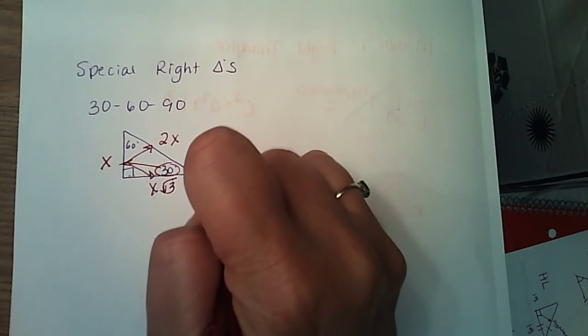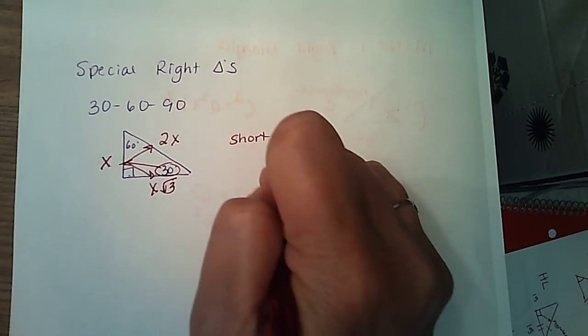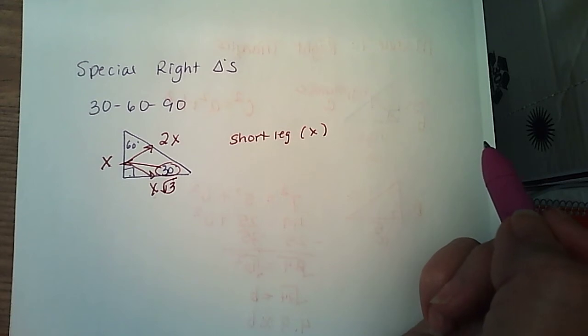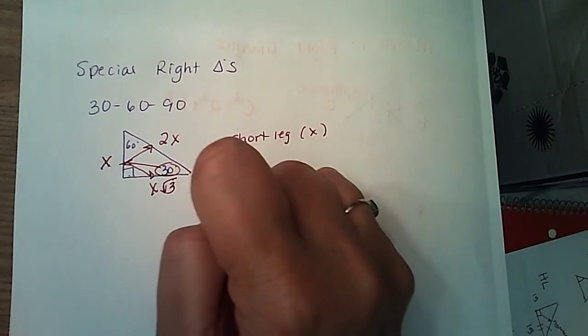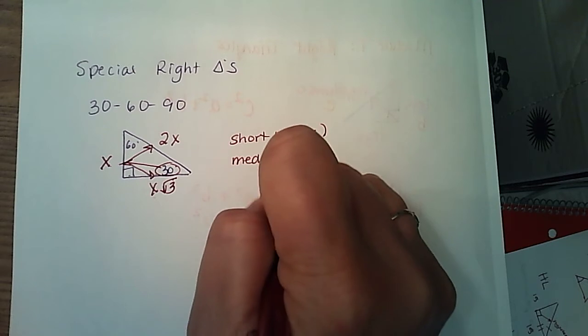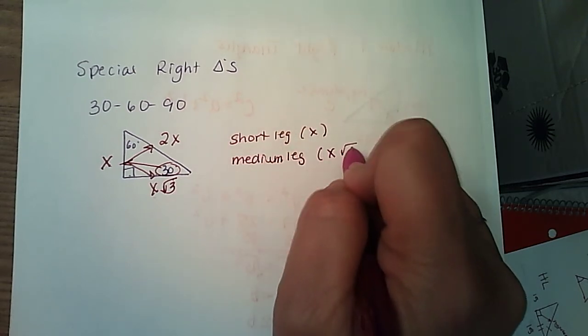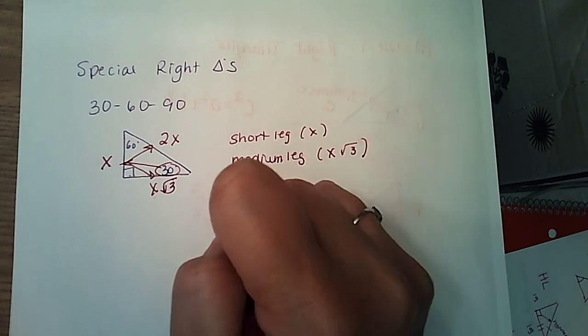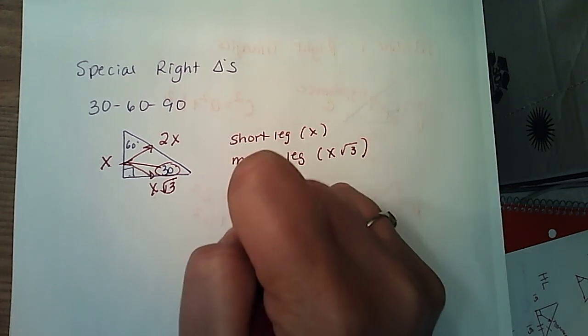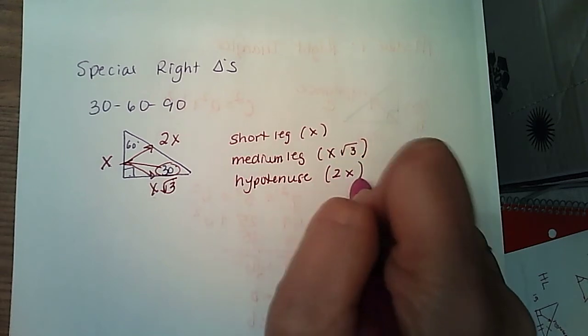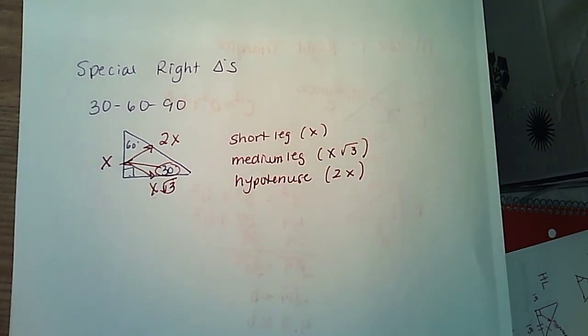So we have the short leg, which I just called X this time, but it's called the short leg, whatever it is. Then my medium leg, which is down here at the bottom, is whatever the short leg is, times the square root of 3. And then my hypotenuse is 2 times whatever the short leg is. It's a pattern.